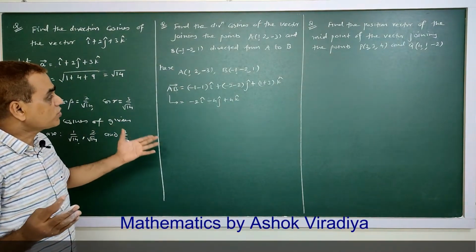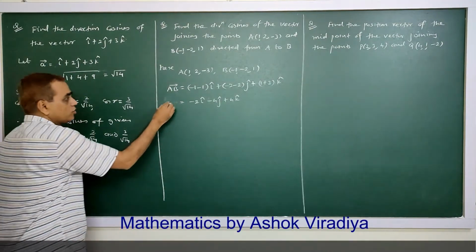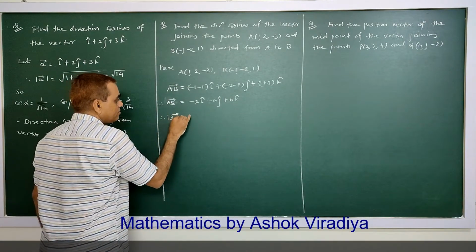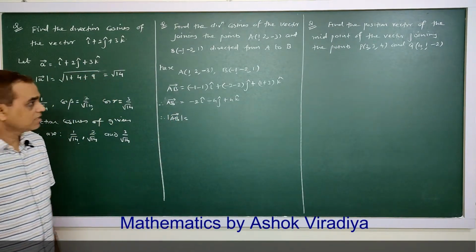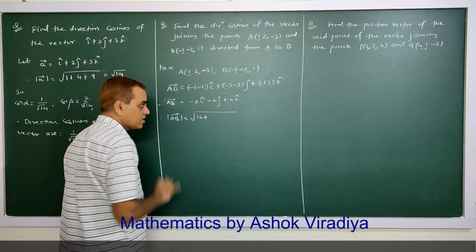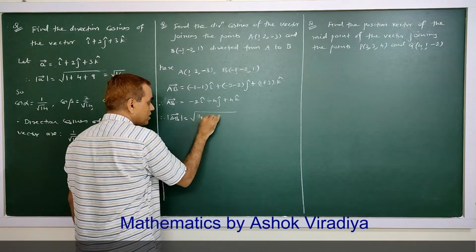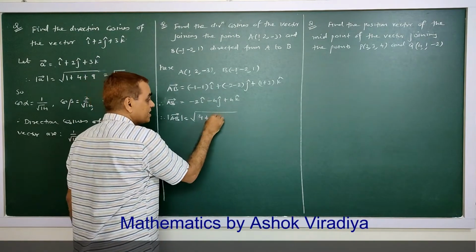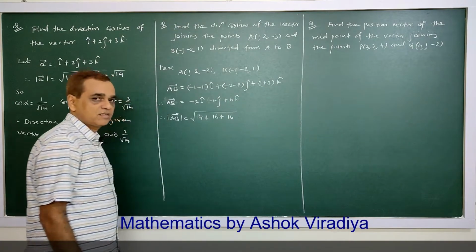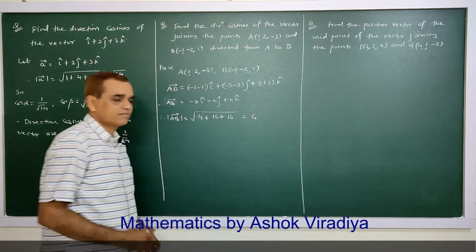Now to find direction cosines of this vector AB, we perform a similar procedure. So this is AB. Now its magnitude. Magnitude is square root of minus 2 square is 4 plus minus 4 square is 16 plus 4 square is 16. So this is 4 plus 16 is 20, plus 16, 36. Square root of 36 is 6.